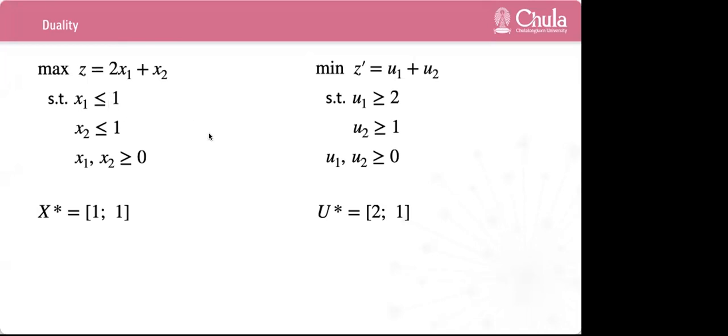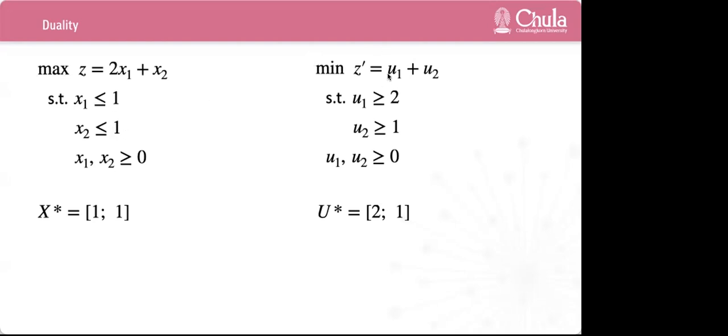We can transform this problem using duality. Because we maximize here, the dual problem becomes minimize. We minimize Z prime, which is 1 U1 plus 1 U2.